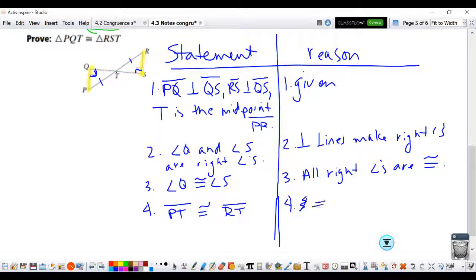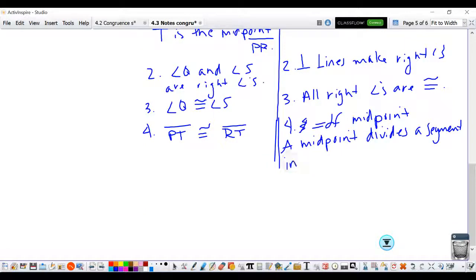So we can say definition of midpoint. And let's write that out. A midpoint divides a segment into two equal parts.